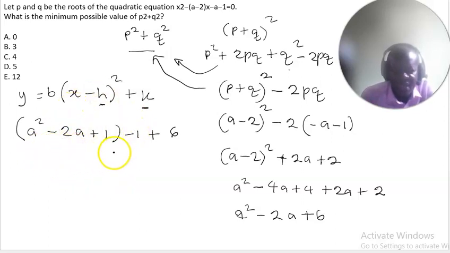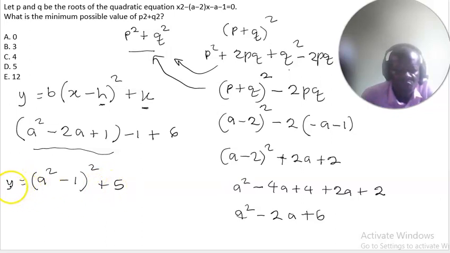We can discard this expression and move on to this, because this is actually what we need. We are looking for the value of k, which is the minimum possible value of the parabola. But let's just complete it. So this becomes (a minus 1) squared. If you factorize, this is what you have, (a minus 1) squared plus 5. So we have turned it into this, where b equals 1, h equals 1, and k equals 5. So definitely the minimum possible value for the parabola is 5. So that makes our answer 5.